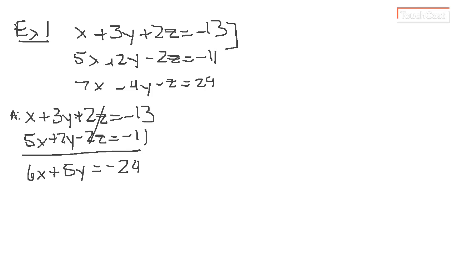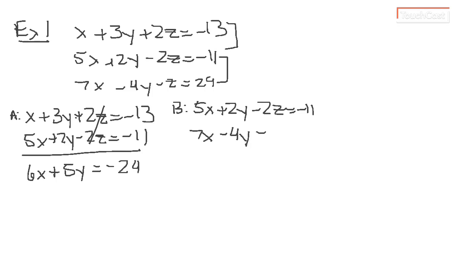Now for the second step, I'm going to take the last two equations, and I'm going to also eliminate the z term. So if we wanted to, we could call this step B, or step 2, whatever you want to call it. We're going to take 5x plus 2y minus 2z equals negative 11, and 7x minus 4y minus z equals 29, and I'm going to start by multiplying that entire equation by negative 2.